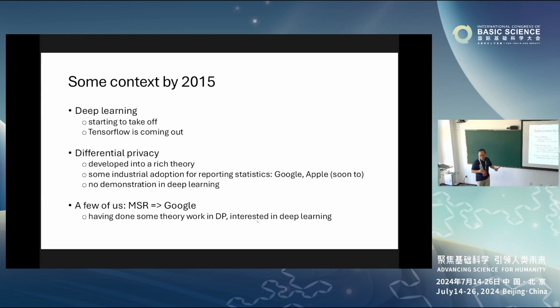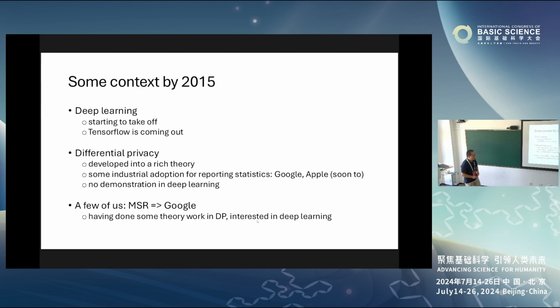It was basically starting to take off. We didn't have AlphaGo yet. There was, of course, no transformer, no ChatGPT, nothing. Also, by that time, this cool thing called TensorFlow was coming out. People were actually working on it.